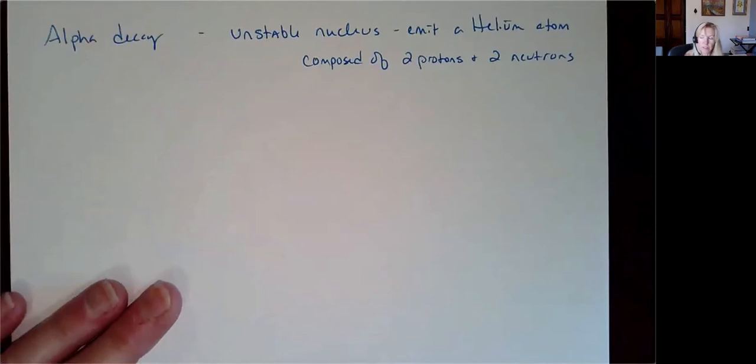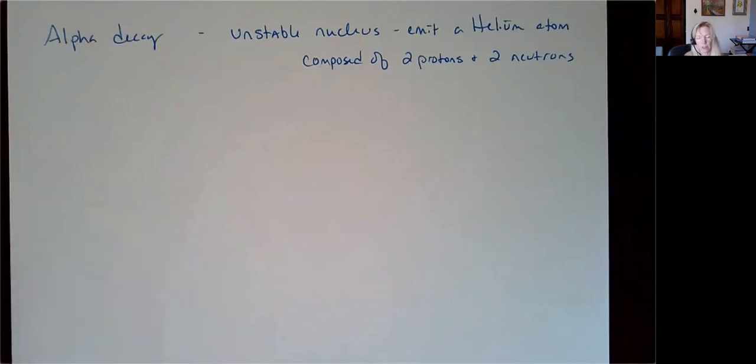Nuclei that are stable are not going to undergo any sort of radioactivity. So in alpha decay, in order to become stable, it emits a helium atom. It ejects from the nucleus 2 protons, 2 neutrons, and that stabilizes what we call the parent nucleus, and then it produces a helium atom. That helium atom is referred to as an alpha particle.